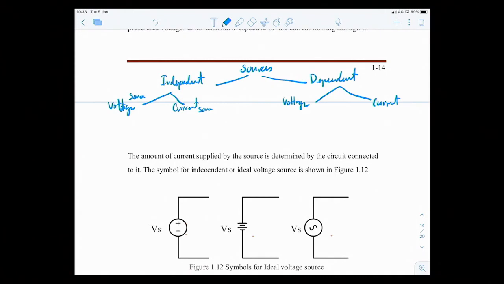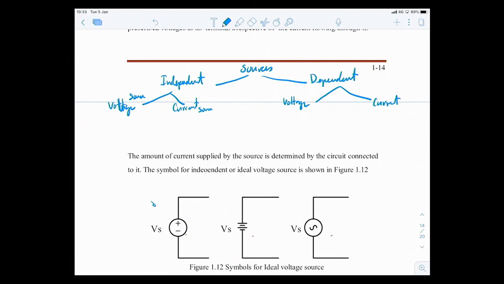Independent, like here, means that no matter what is connected to your source, the voltage will give you that value. If we say Vs is equal to 5 volt, it will always give you 5 volt.